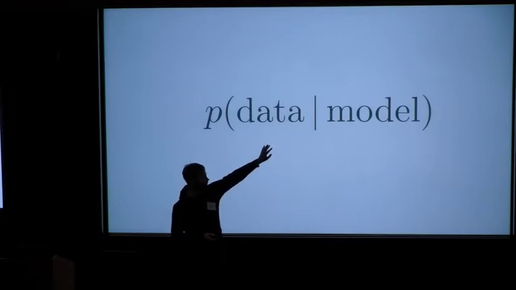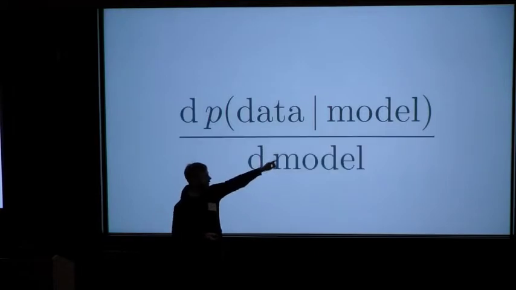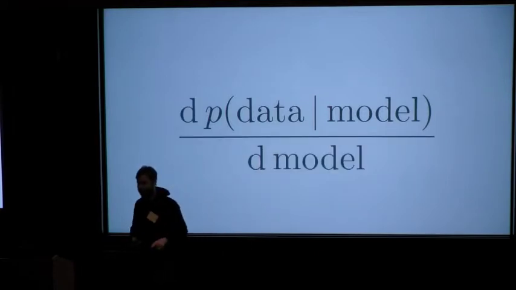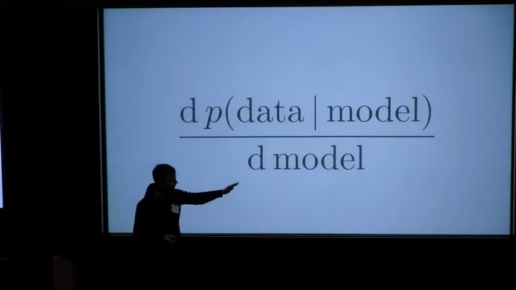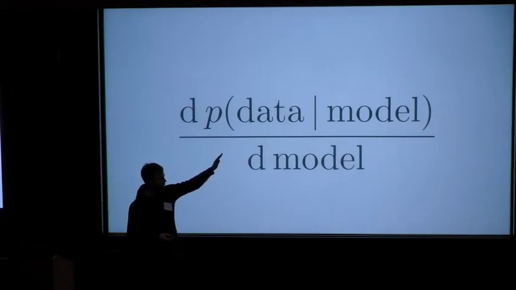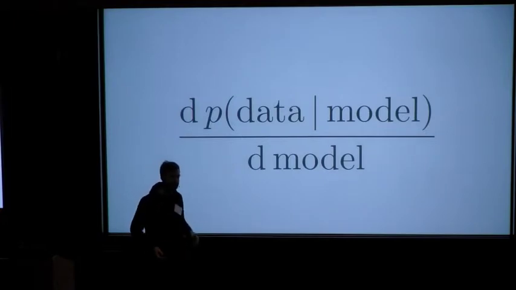But you want to compute the derivative of this function with respect to the model. So these are the derivatives that I'm talking about. And in many cases, you can get huge computational advantages if you can take advantage of knowing what the derivative is with respect to the model parameters.